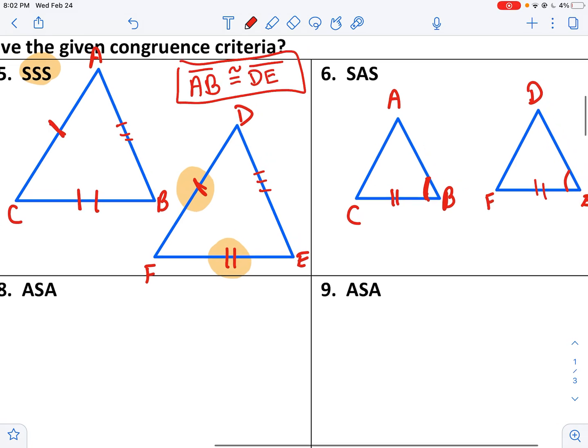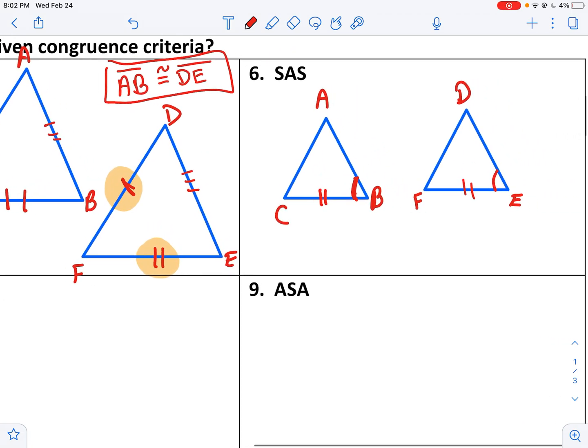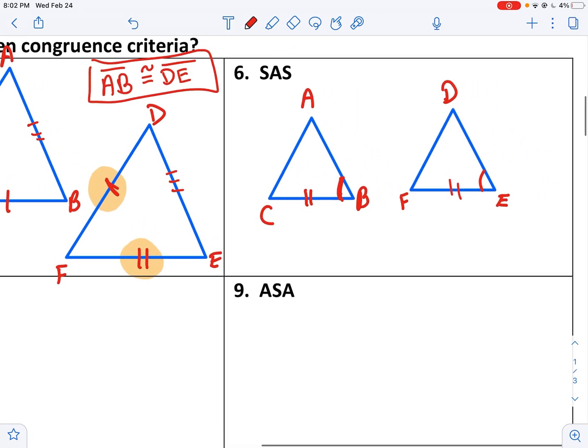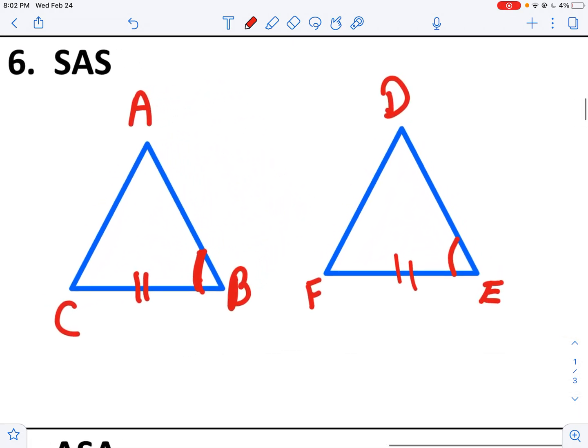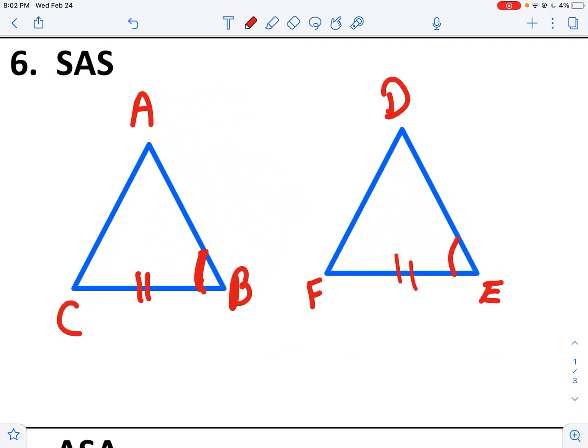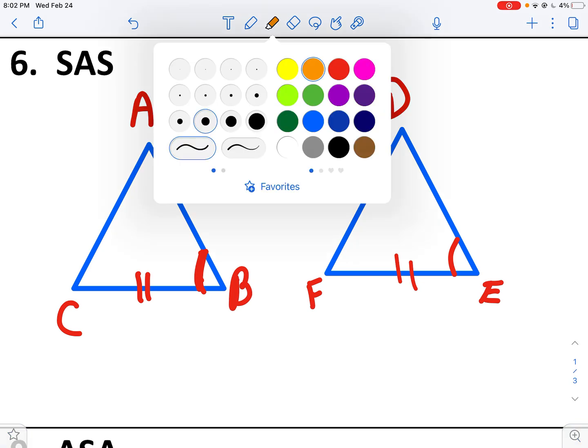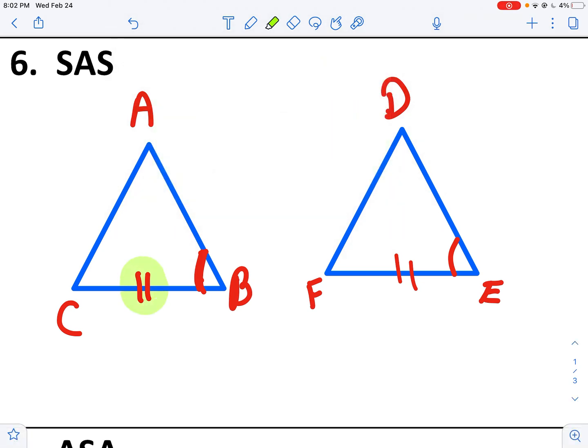And our last one here, side, angle, side. This is kind of a tough one, typically. What is missing that would get me side, angle, side? So again, look at what you have. I have a side, I have an angle. Well, what do I want? If you look at the name of this theorem, I want two sides surrounding that angle.